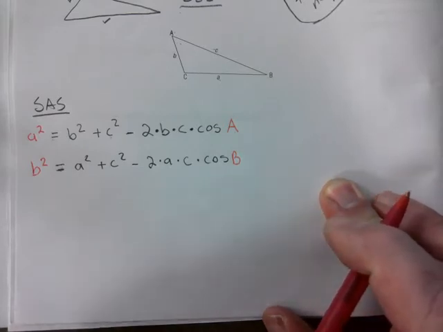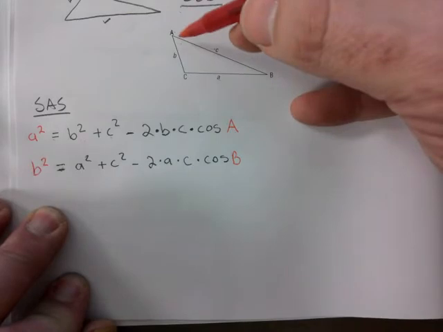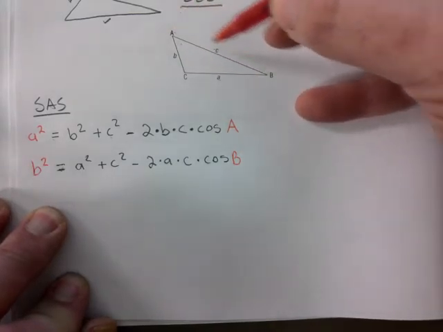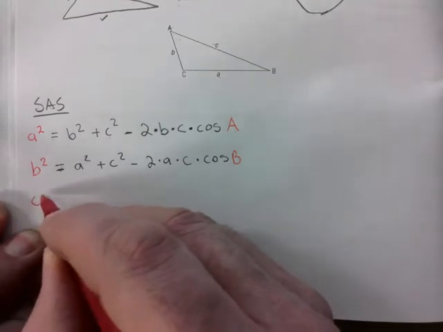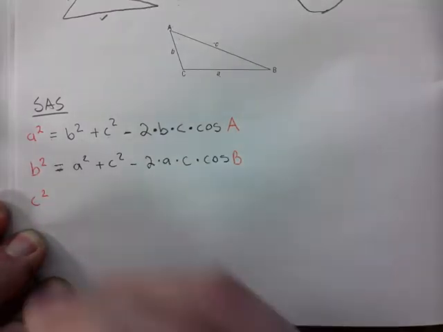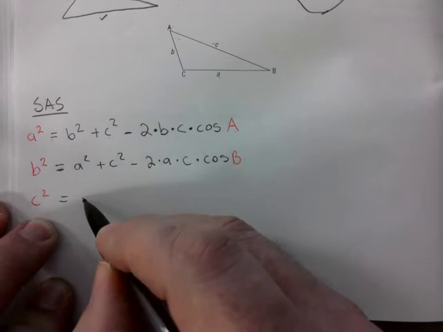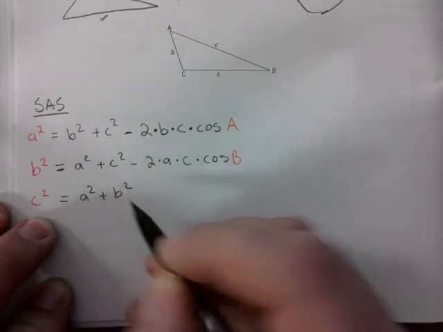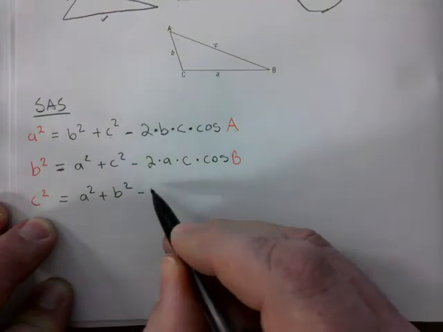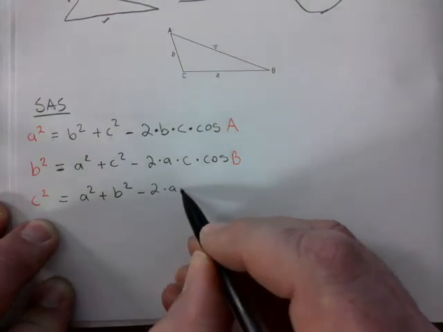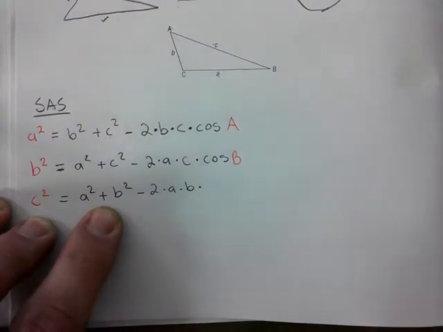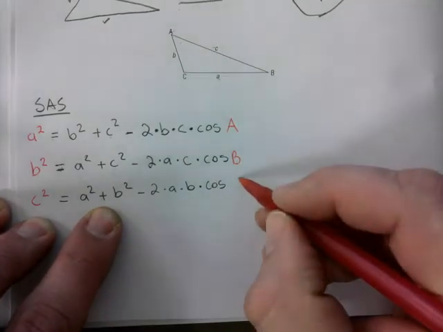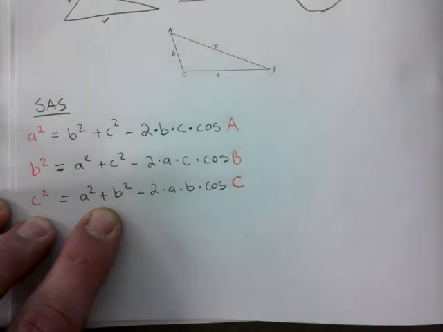And the last one, if you wanted to find side C, you go C squared, and then the other two sides that are left would be A squared plus B squared minus 2 times A times B times cosine of C. Okay?